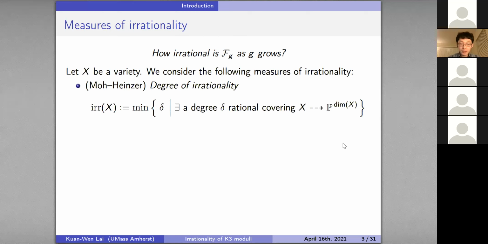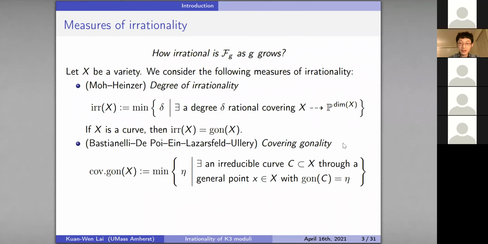The first one, introduced by Moh and Heinzer, is called the degree of irrationality. It's defined as the minimal degree delta of a rational covering from X to a projective space. If X is a curve, then this is the same as the gonality of the curve X.